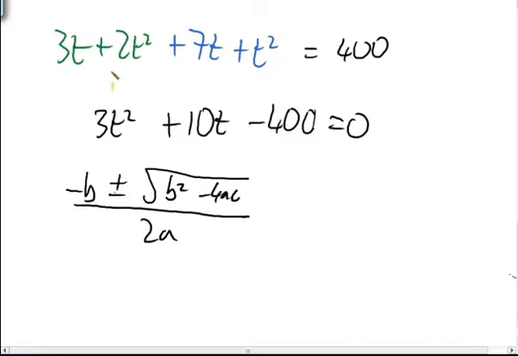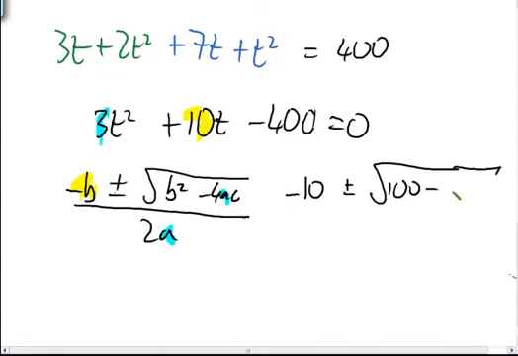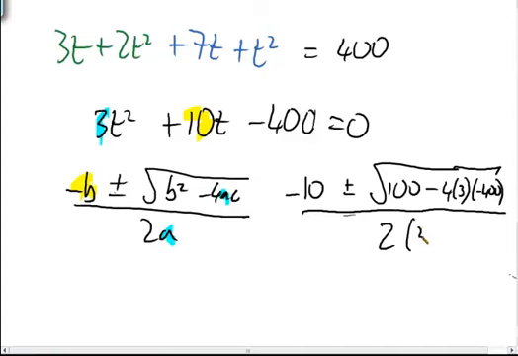So I know that b here is 10. I know that a here is 3 and c is minus 400. So I'll just quickly write these in. Minus b, minus 10, plus or minus the square root of b squared, which is 100, minus 4ac, 4 times a, which is 3, times minus 400, all divided by 2a, which is 6.